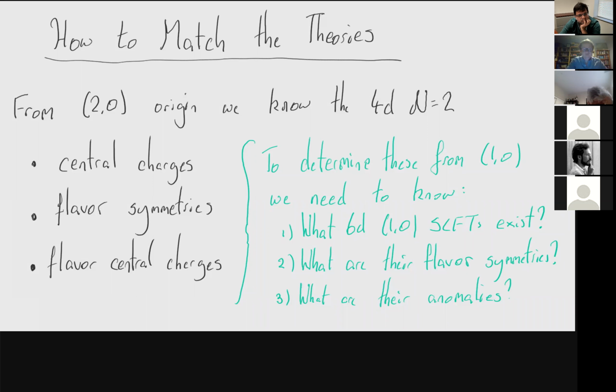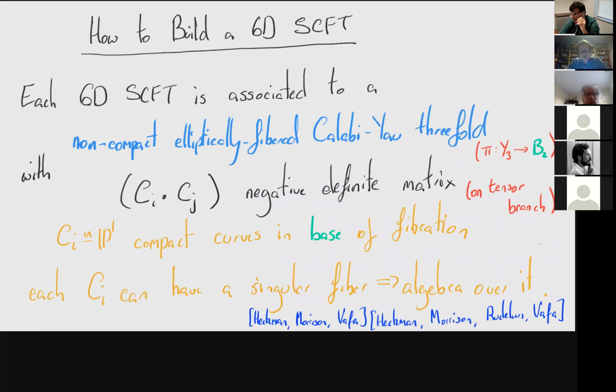So how do you build a 6D SCFT? A 6D SCFT is associated to a non-compact elliptically fibered Calabi-Yau threefold, where you have a set of curves in the base, which are just complex projective space. They're compact, and they have to intersect each other in a negative definite intersection matrix.